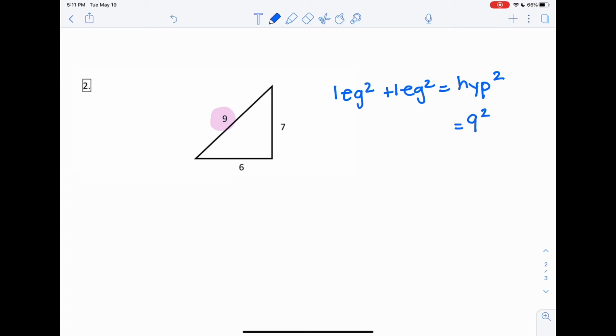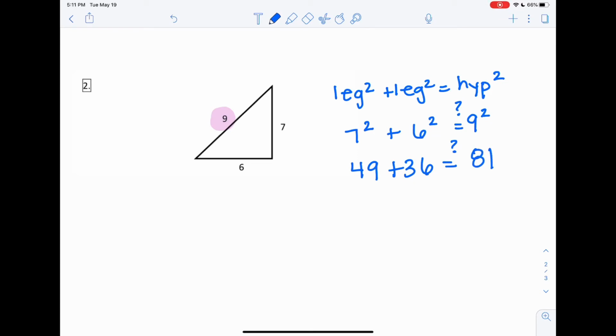And that means I'm going to substitute 7 and 6 for my legs. Now we need to ask ourselves, does 7 squared plus 6 squared equal 9 squared? 7 times 7 is 49. 6 times 6 is 36. And 9 times 9 is 81.